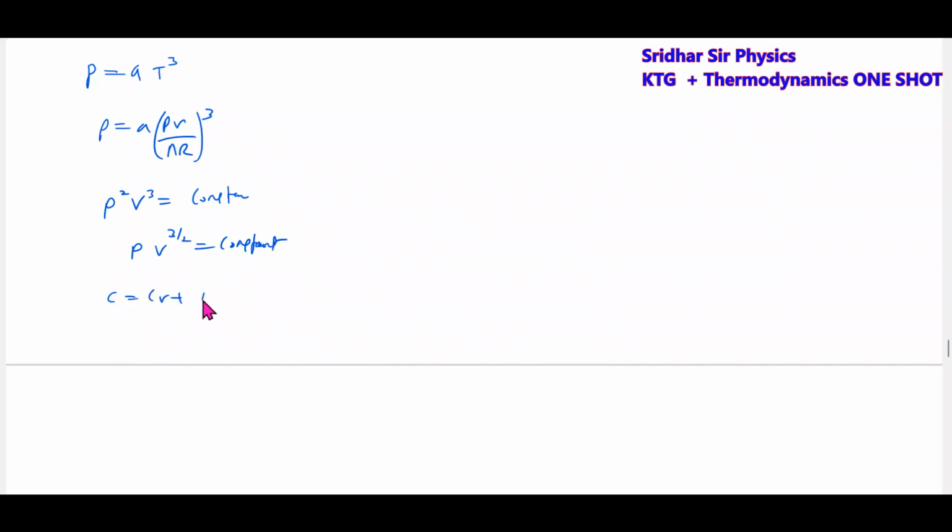So the molar capacity is Cv plus minus 2R. Cv will be for a monoatomic gas 3R by 2. Now minus 6, this will be minus 6 minus 3R by 2.